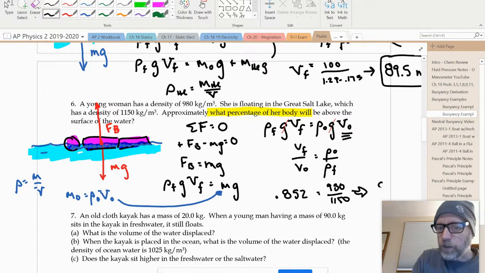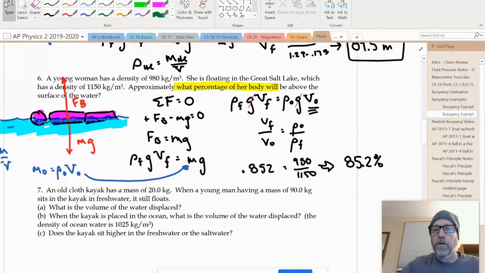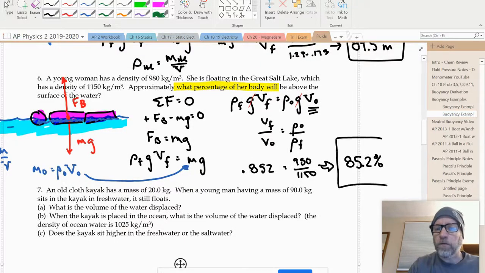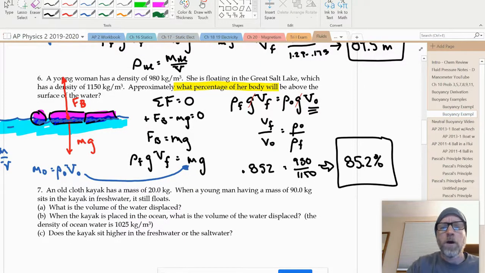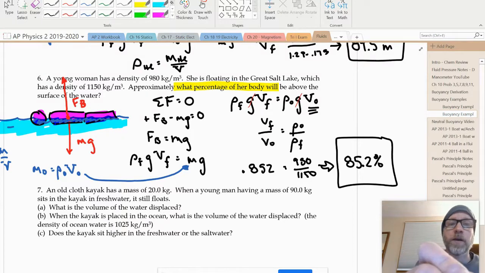All right, so I'm going to call that 85.2%. Now, what does that remind you of? What type of problem? We haven't done it yet, but we will. It's the classic size of the iceberg beneath the surface of the water. Very similar, setting up a proportion.